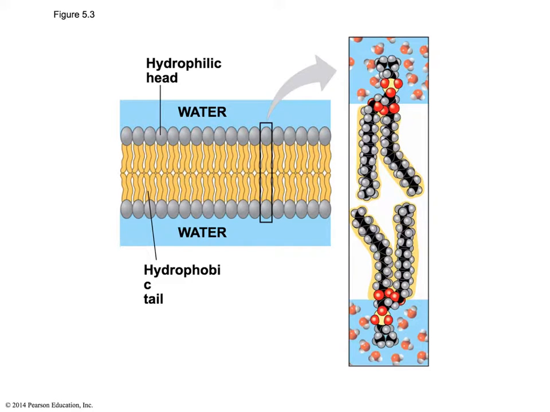The straighter the line, the less space it takes up, and you can pack them all together. When you get a kink, it prevents it from packing in too close, and that's why oils are mainly unsaturated fats, and they are liquid at room temperature. That helps to keep the fluidity of the membrane as well.